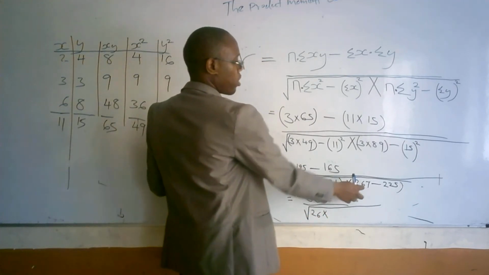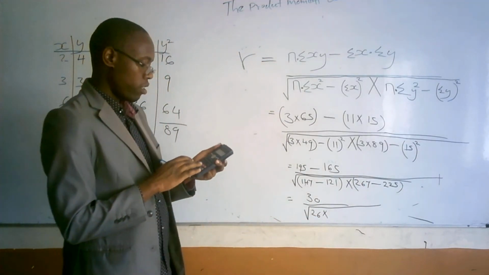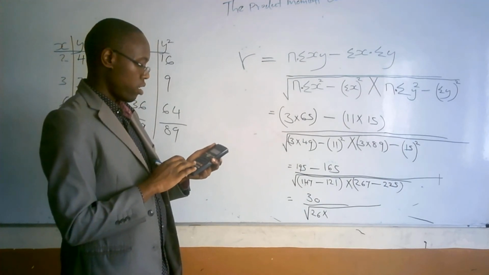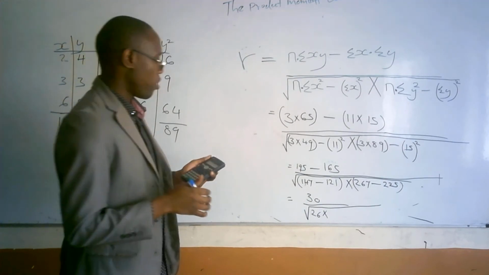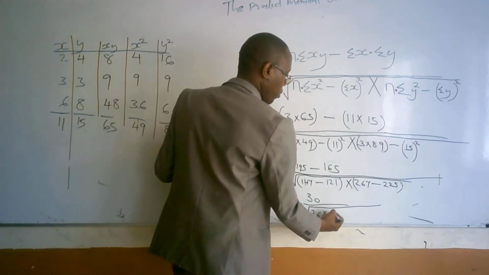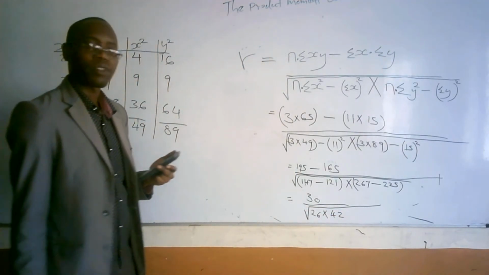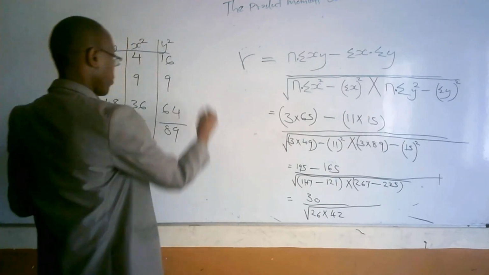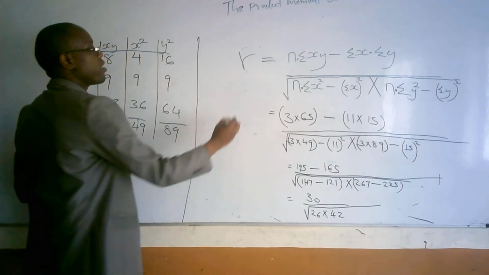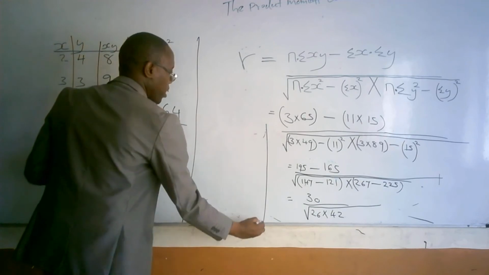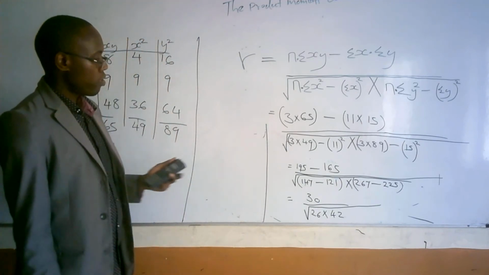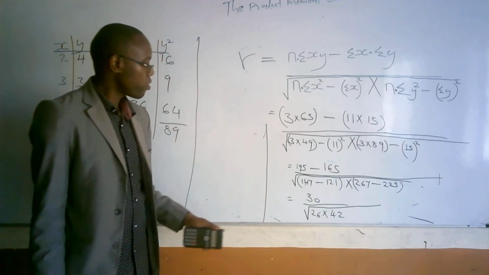Times 267 minus 225, which is 42. So maybe let me continue it in this part here, just demarcate those lines. So I'll continue it here and I finish it.